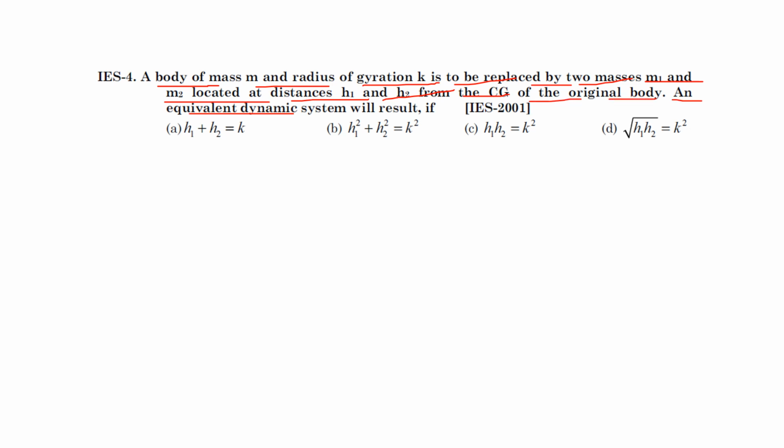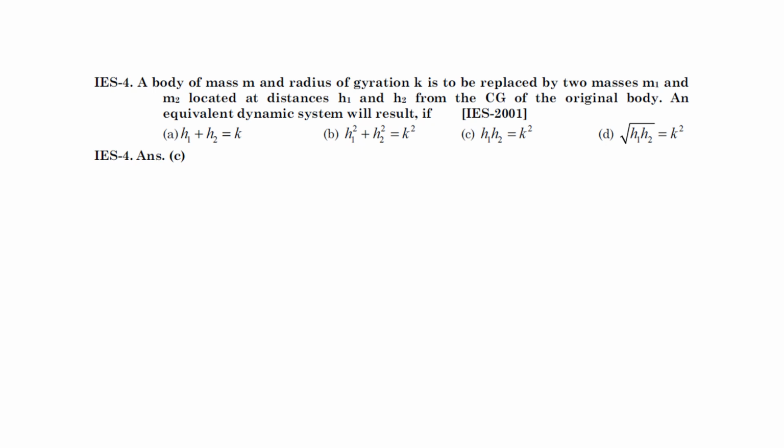An equivalent dynamic system will be obtained if h1 plus h2 is equal to k, h1 square plus h2 square is equal to k square, h1 h2 is equal to k square, or root of h1 h2 is equal to k square. So its answer is actually C. k is equal to root of h1 h2, so h1 h2 is equal to k square. It's a direct formula, so you can just use this. If you know it, it's fine. If you don't know, please remember it from here.